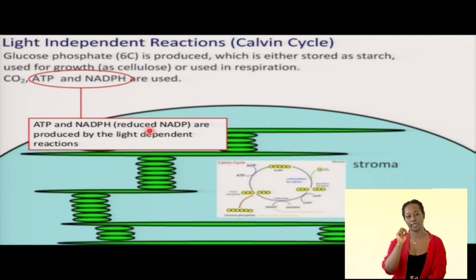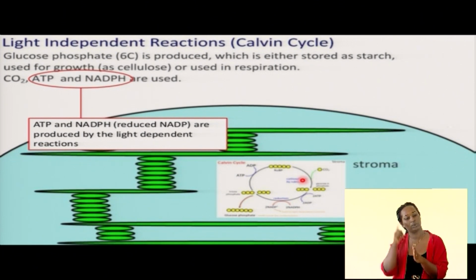NADPH is a reducing power, a very heavy reducing compound, produced during the light-dependent reactions, but will act as a prerequisite, a condition needed before the dark reaction can take place. So check that out. These two are assimilated, used in the light-independent reaction. But why independent?